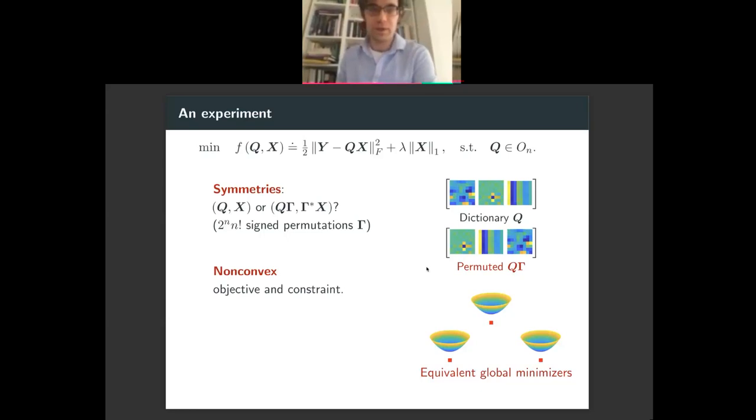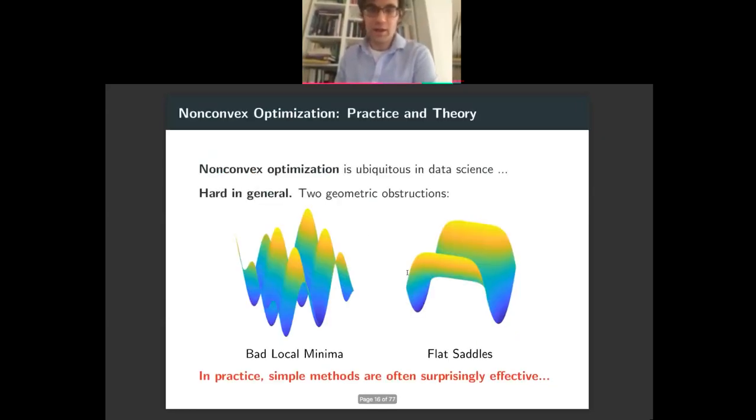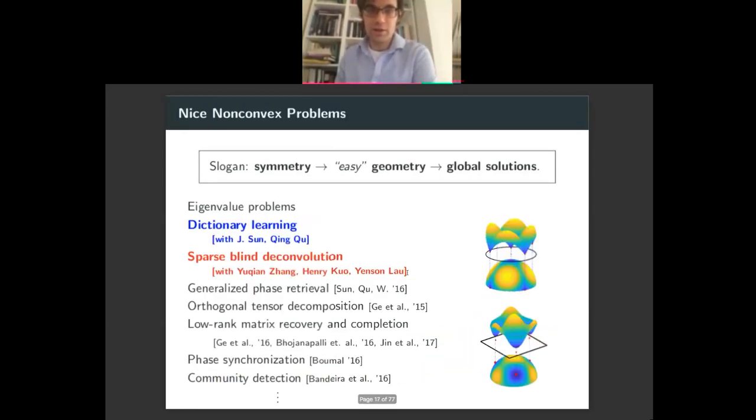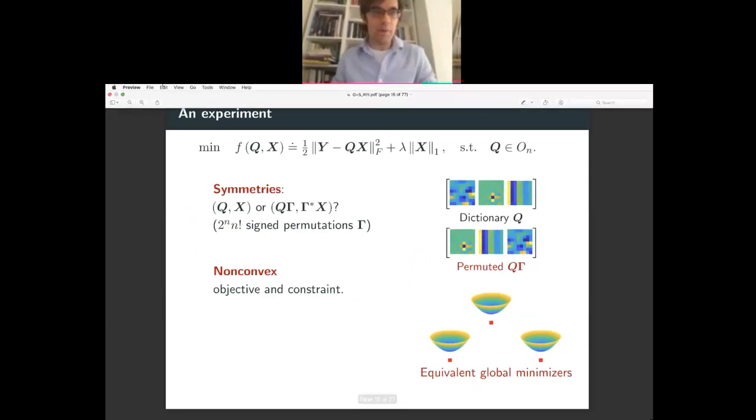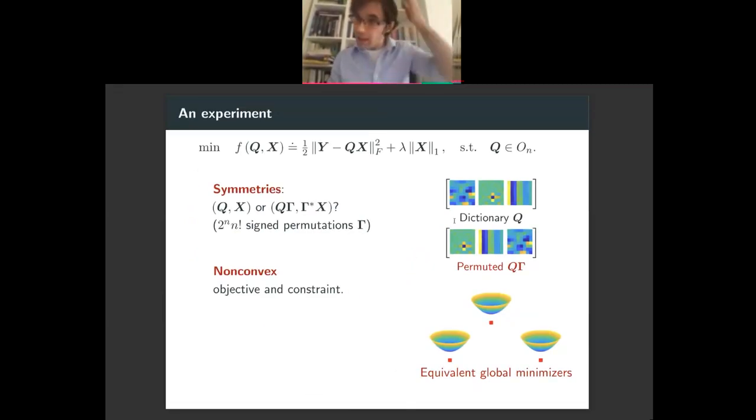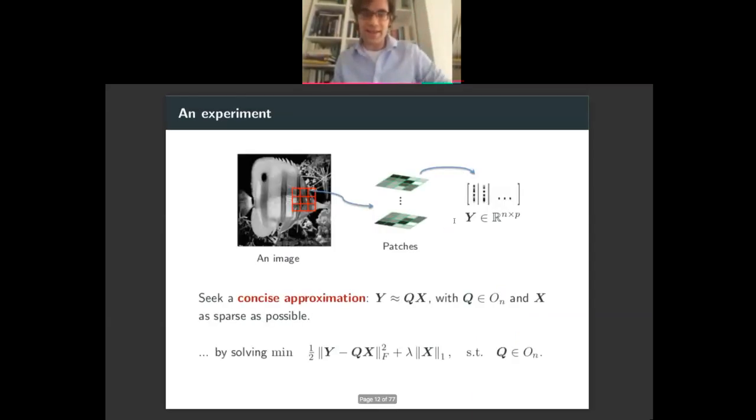All right. What I'm going to show you in this experiment is what happens if we take this non-convex optimization problem and throw a very naive method at it. I'm not going to do anything fancy.